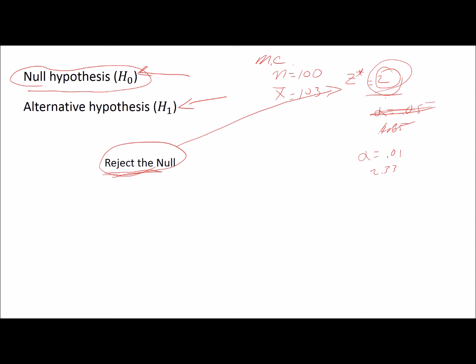So we don't have significance at 0.01. In which case, if you don't have significance, you're not going to reject the null, because the null seems to be the case. But you're not going to say, yep, we accept the null. Nope, because the null might be wrong too. We're not sure. So we have to fail to reject the null.